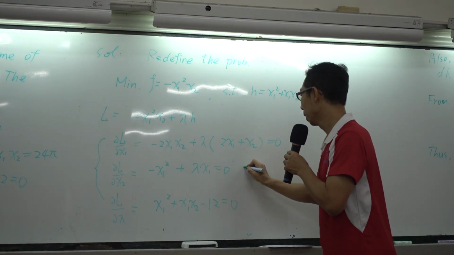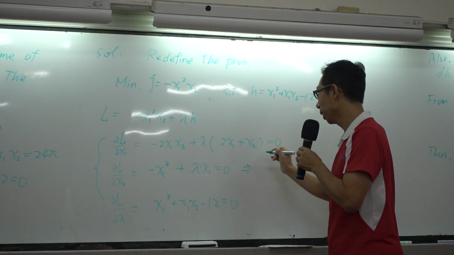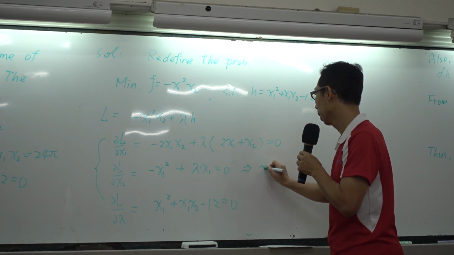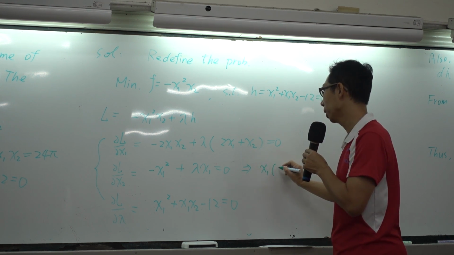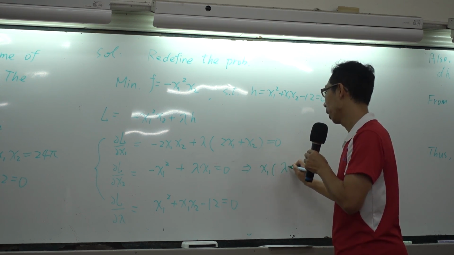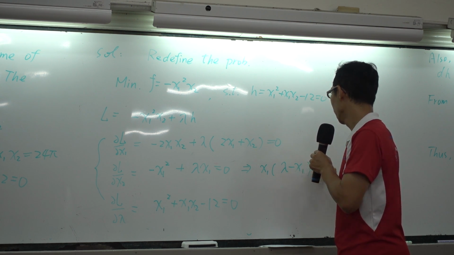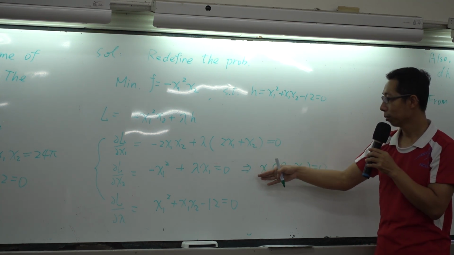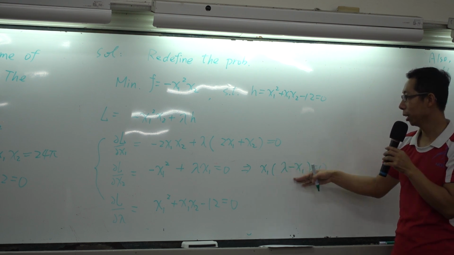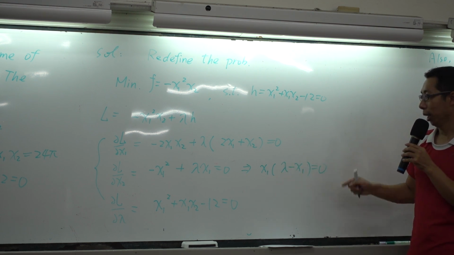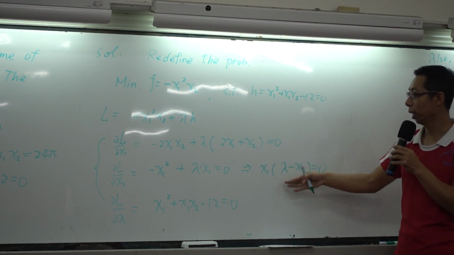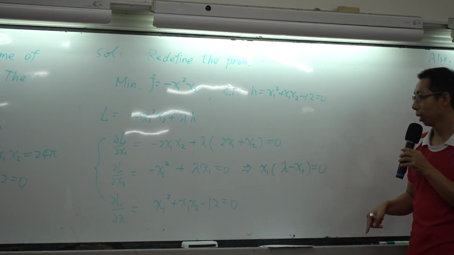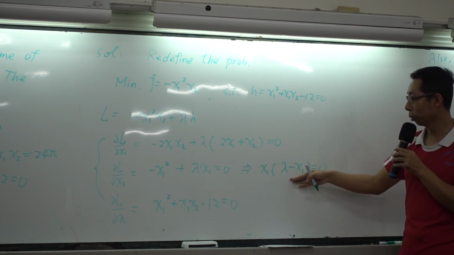So from here, I believe you can easily see that over here we can simplify this as x1 times (lambda minus x1) equals 0. So we can rewrite it this way, and you can see that we either have x1 being 0 or lambda being equal to x1.